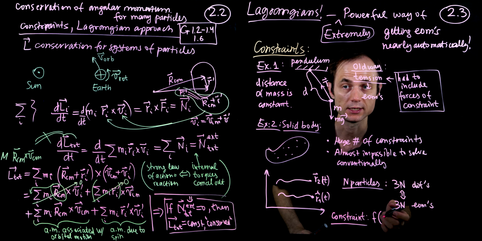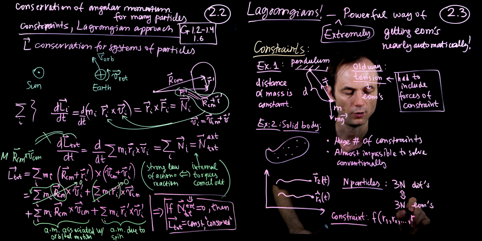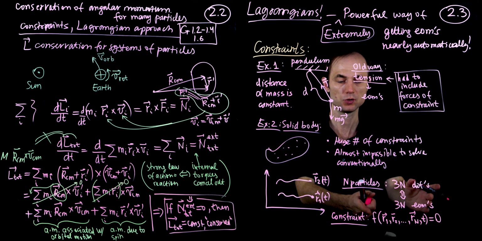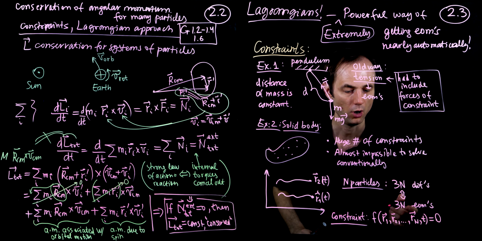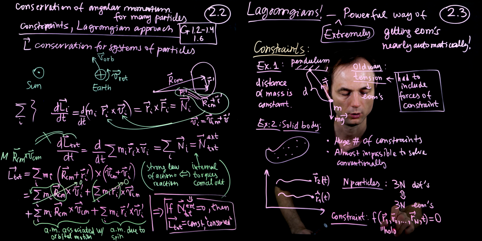So we can write it down formally as a function f of the positions of all the capital N particles in our system and perhaps the time. So that is an example of what is usually called a holonomic constraint.